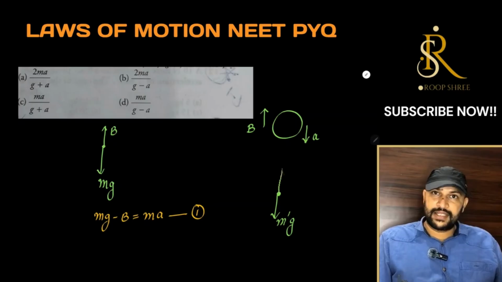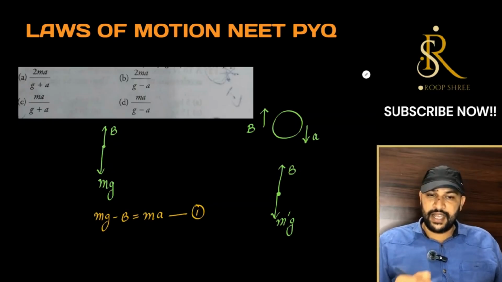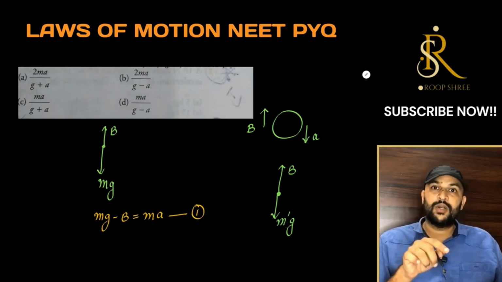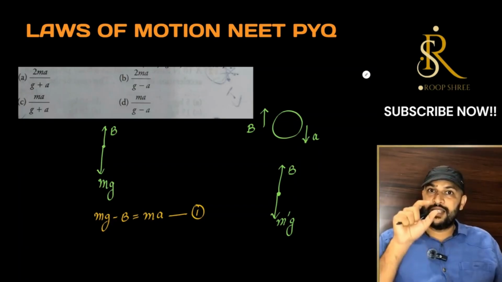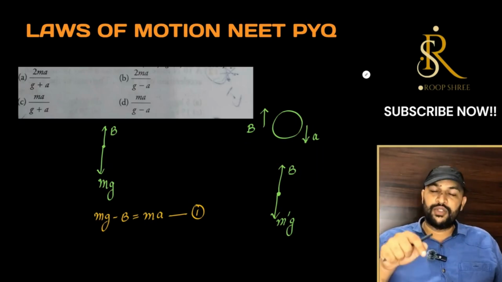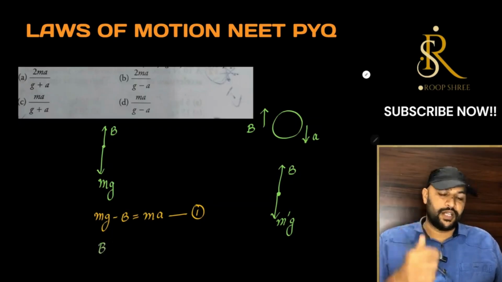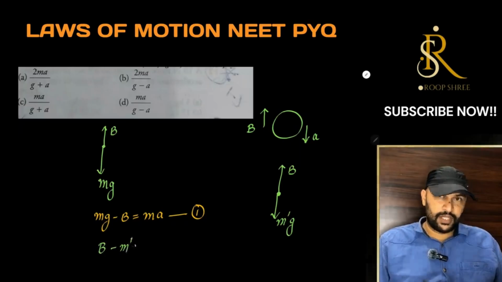The weight acts downward and the buoyant force acts upward. Now m dash is small enough that the buoyant force can overcome it and make the balloon go upward. So the equation is: B minus m dash g equals m dash times the acceleration of the balloon.